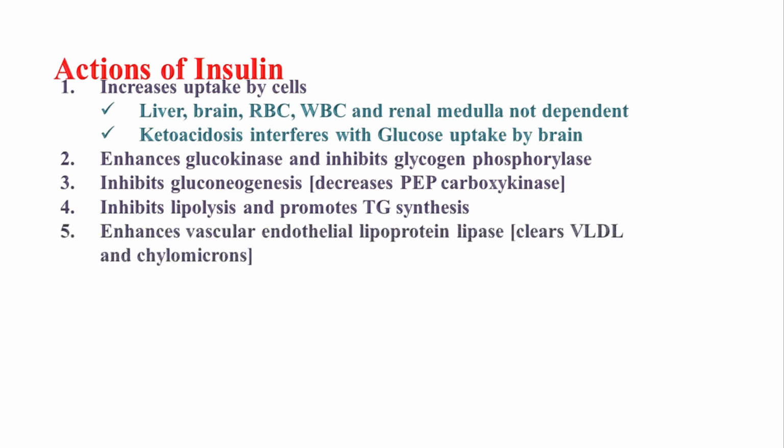And lastly, it also enhances clearing of any lipids, especially VLDL and chylomicrons from inside the blood. So it reduces the cholesterol, the bad cholesterol levels. This insulin does by enhancing vascular endothelial lipoprotein lipase, the enzyme which breaks or clears VLDL and chylomicrons.